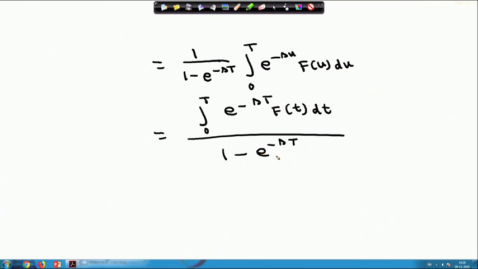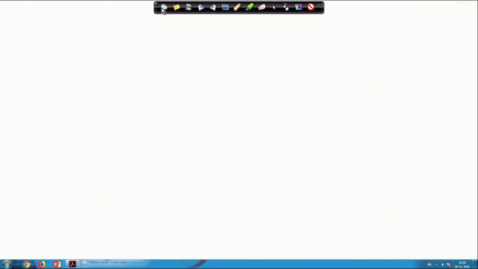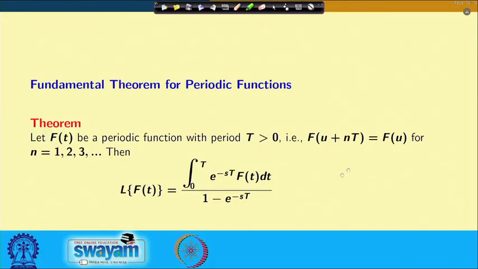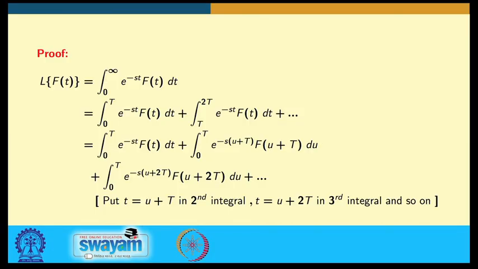So, if you see this, your Laplace transform, you are breaking it into 0 to T, T to 2T.